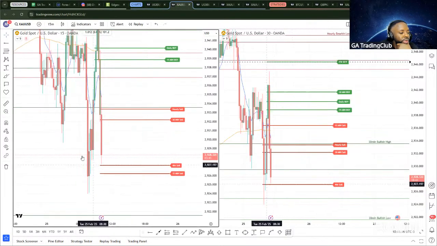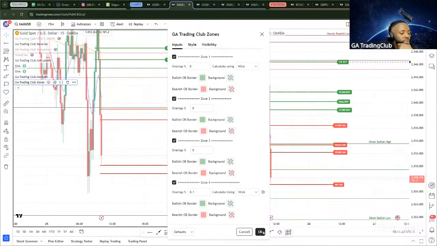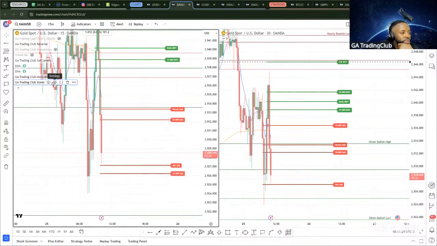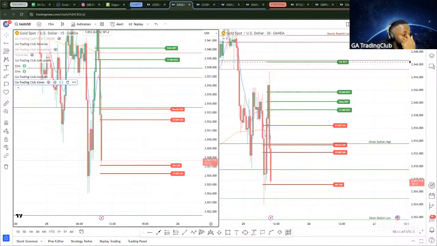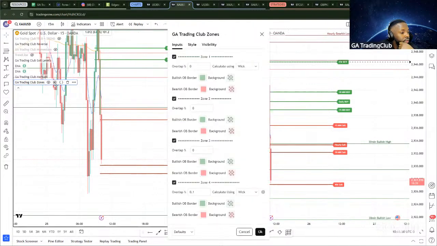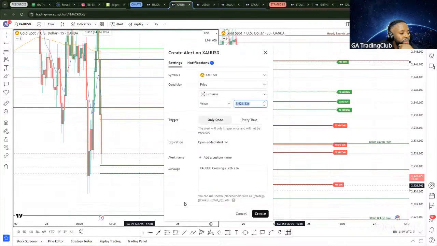Okay, so we have some for gold as well here. Let me see what zones we are in. An alert here for gold as well.